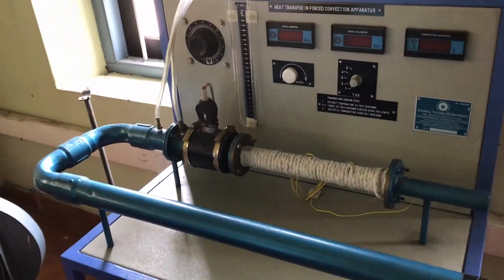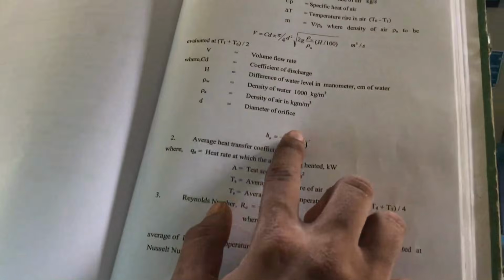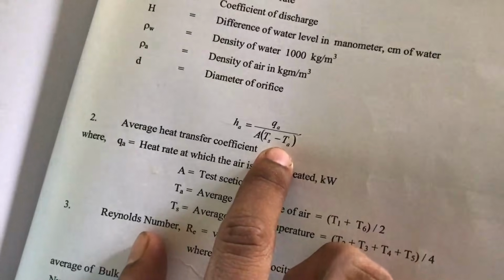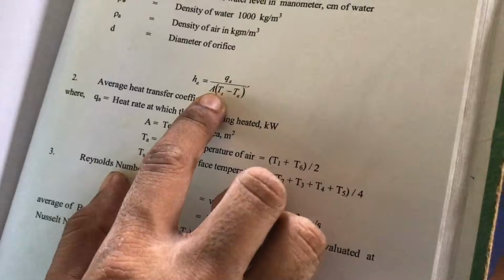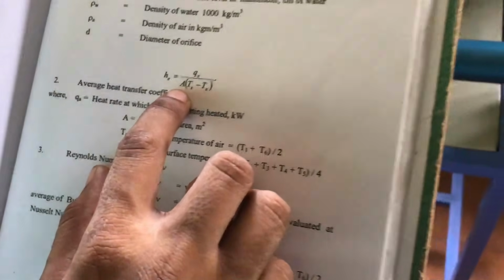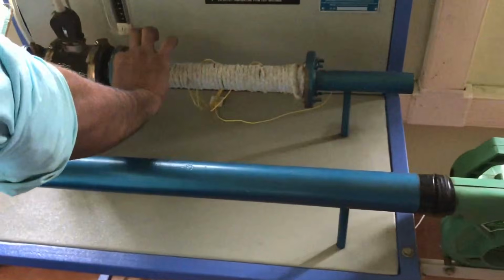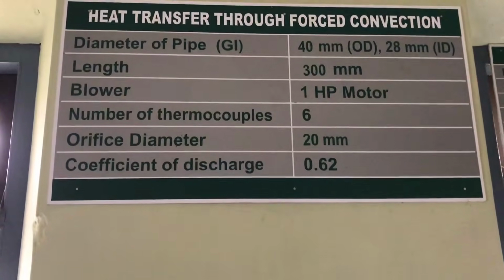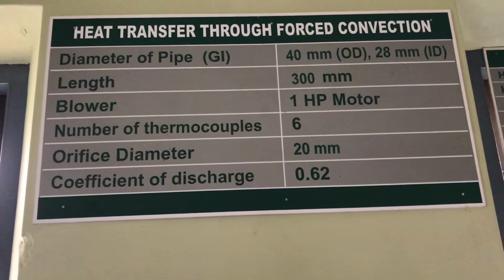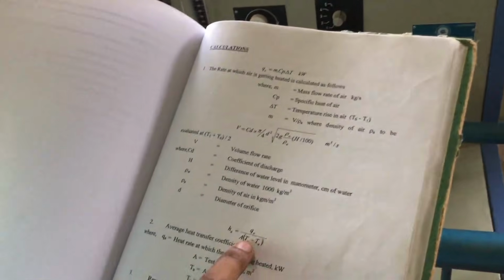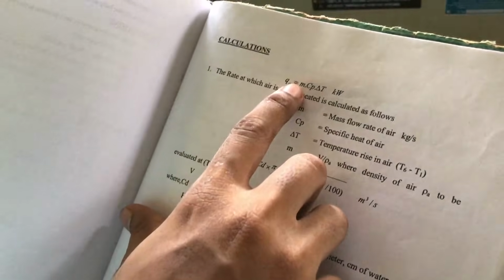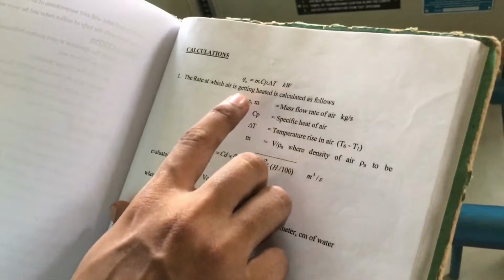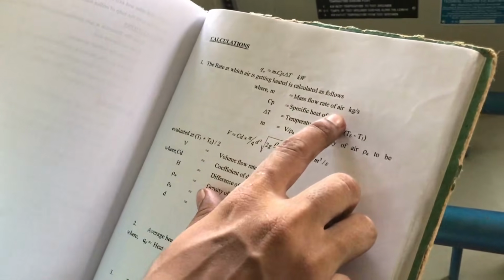And here the heat transfer coefficient is h = QA by A into (Ts minus Ta). So Ts, the surface temperature, and Ta are obtained. A is the surface area, that is the curved surface area of this particular test section, and it can be obtained since the diameter and length of the pipe are given, by pi d l. Now QA is the heat supplied, that is QA equals m Cp into delta T, where m is the mass flow rate of the air.